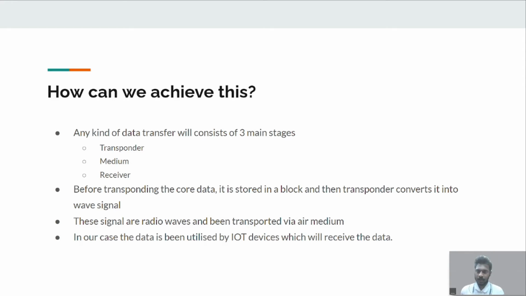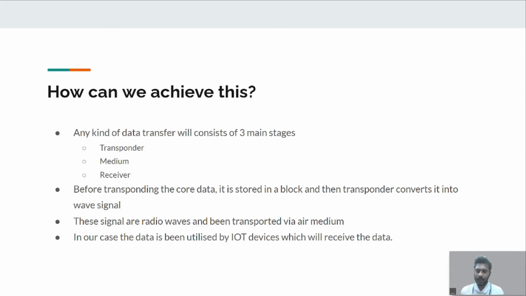Before the transponder, there can be a stage called encoding, or encrypting, where the data is changed completely and to decrypt the data we need a key, as in the case of SHA-256.